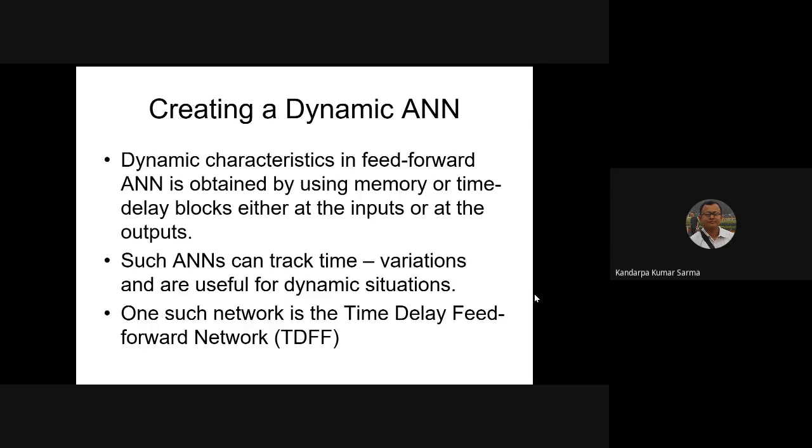We can have the dynamic characteristics in a feed forward NN by planting memory or time delay blocks, say in the front end of the network or the back end of the network.